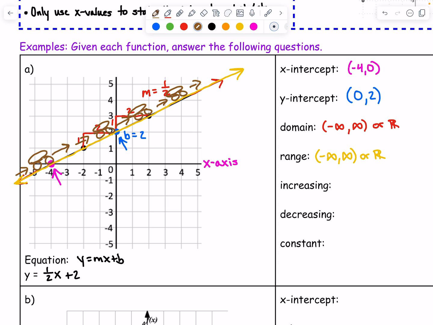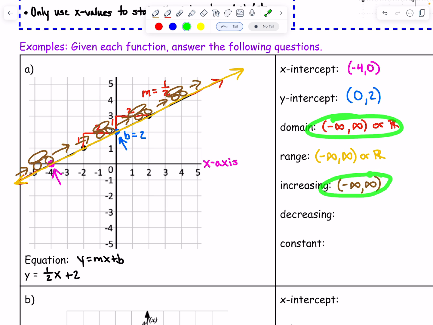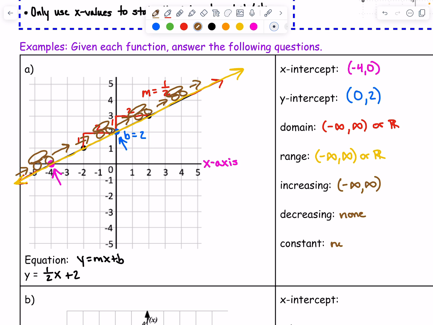I would say for all the x values, from -infinity to +infinity, it's increasing. That should go along with what my domain was stating, because this whole graph is increasing. And we always identify the intervals with our x values. None of the graph was decreasing and none of it was constant, so those just wouldn't apply to this graph.